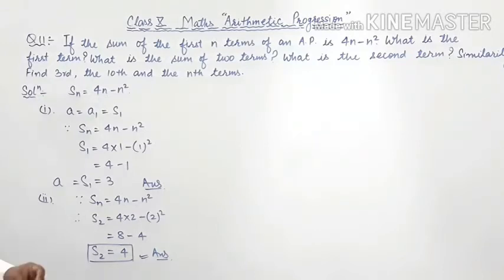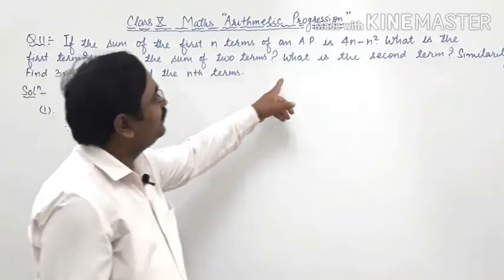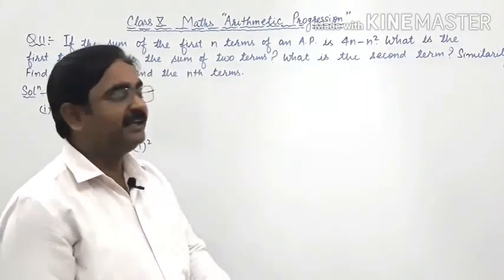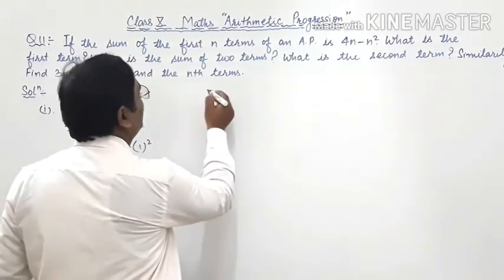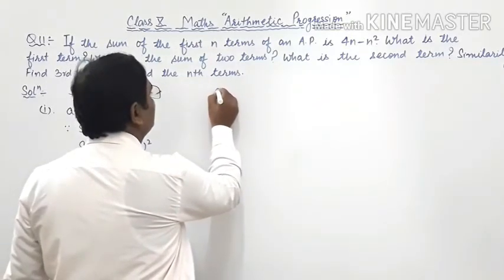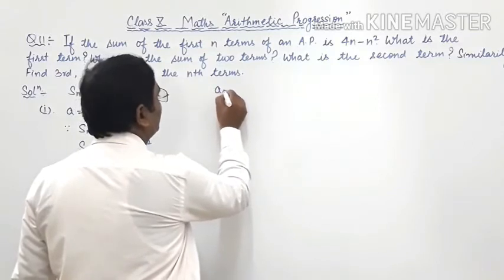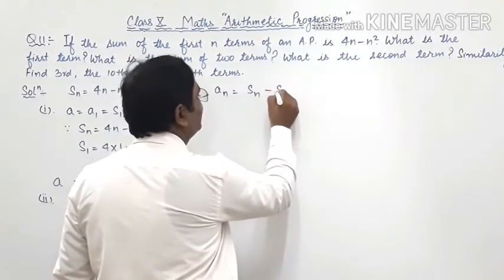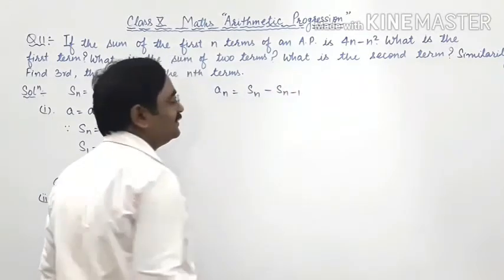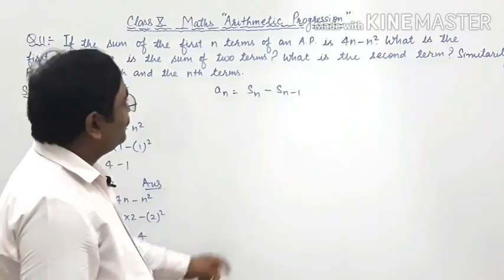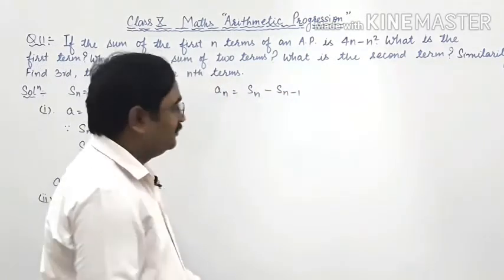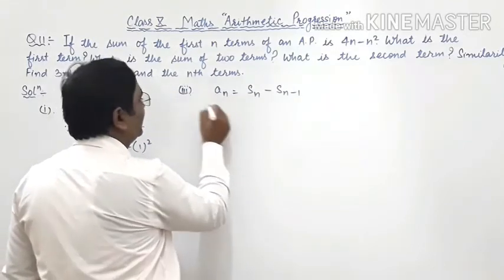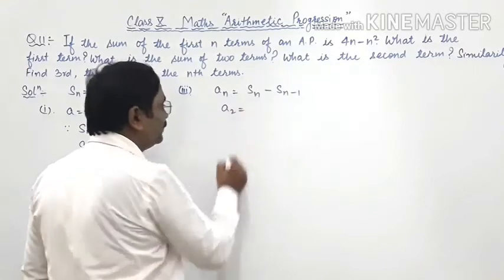Afterwards, the next question is asking, what is the second term? We have to find out the second term, as we have read the formula an is equal to Sn minus Sn minus 1. As we are going to find out the value of the second term, it means A2 we are going to find. So in the third part, A2 is equal to, how to write?